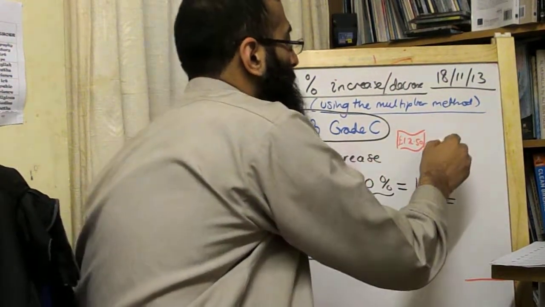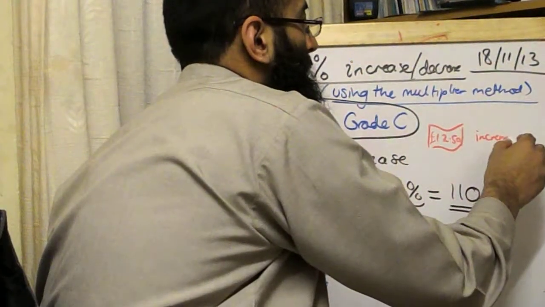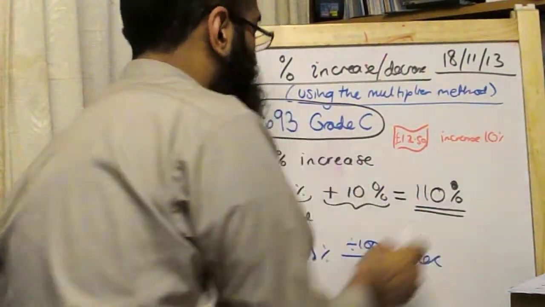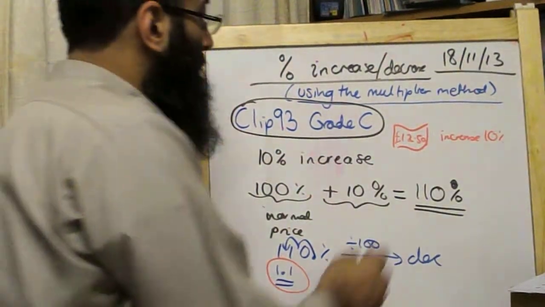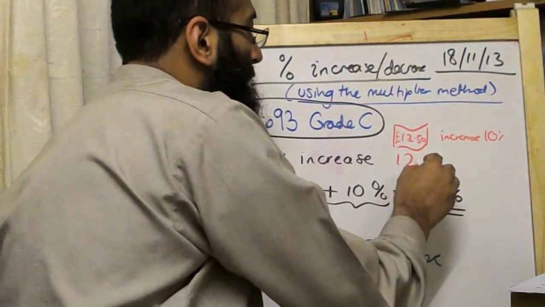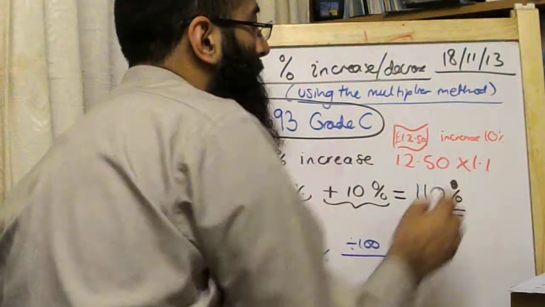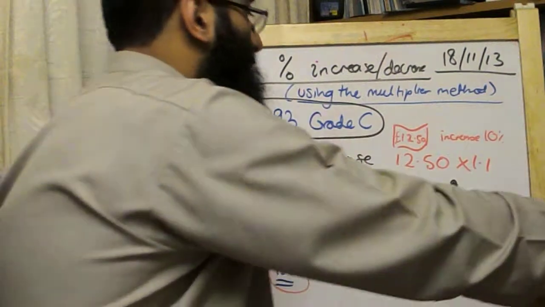Right, and then we increase it by 10%. So we just worked out that the 10% increase as a multiplier is 1.1. So we take our £12.50, and we multiply by 1.1. That will have the effect of increasing it by 10%.